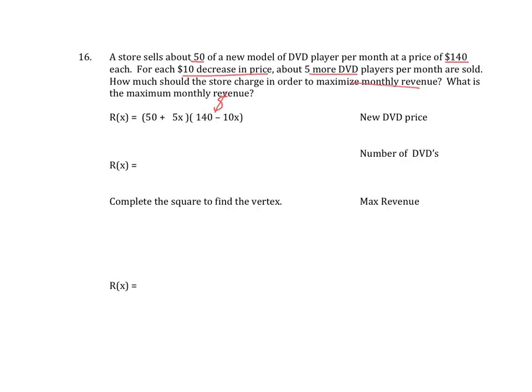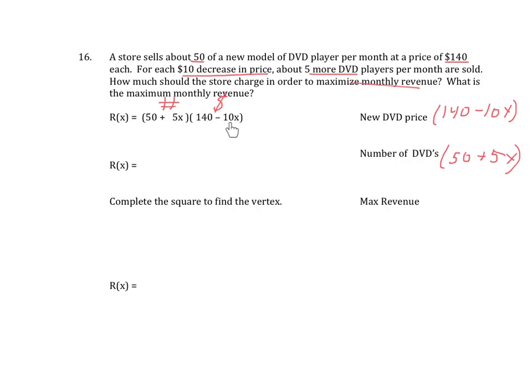And then the front one is just going to be the number I'm going to sell. So I'm going to go right over here, the new DVD price, and put the parenthesis 140 minus 10x in there right now. And then the number of DVDs is going to be the 50 plus 5x.